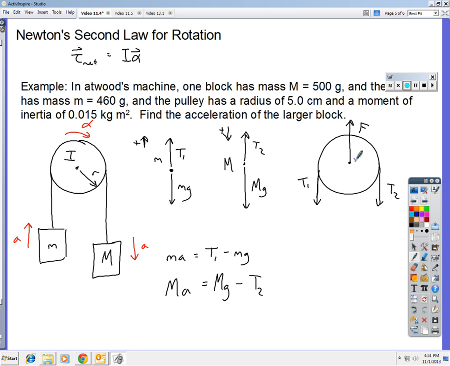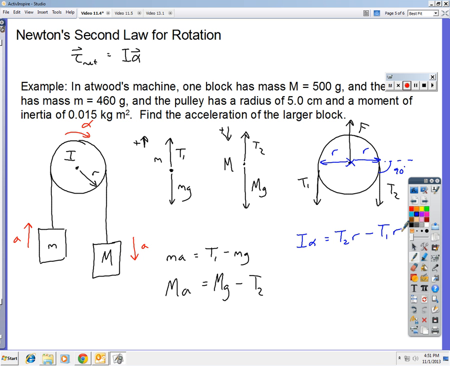We'll pick our pivot point to be the center, and this is R, and that's also R, which is useful. And so the net torque, I alpha, is equal to T2R, and that angle is 90 degrees, so sine 90 is 1, minus T1R. The reason T1 produces negative torque is that it tends to make the pulley spin in the opposite direction from T2.